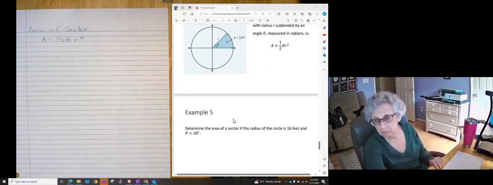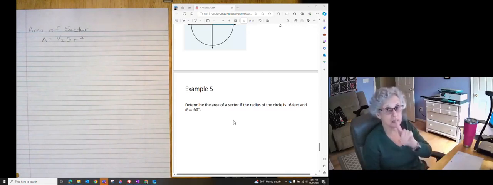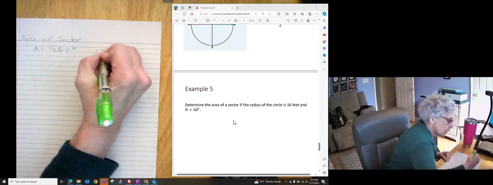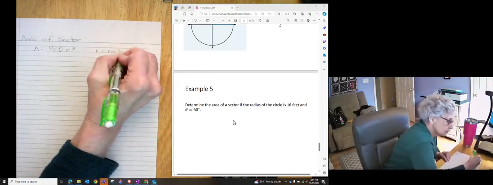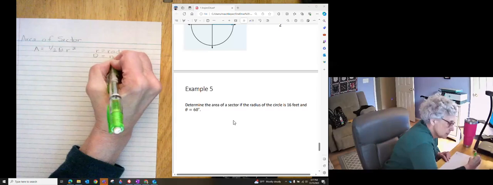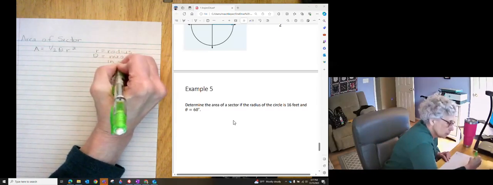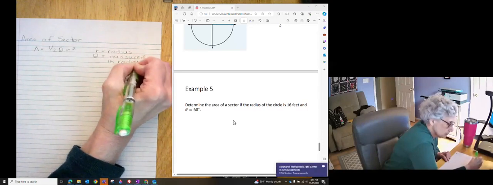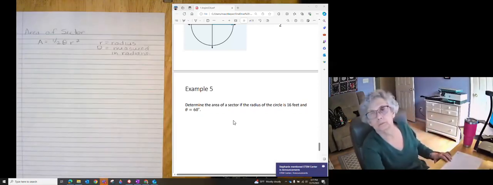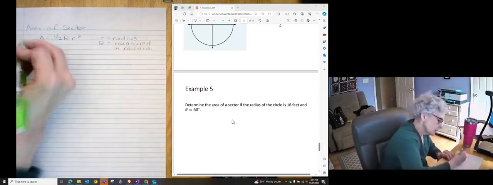Memorize it. So determine the area of a sector if the radius of the circle is 16 feet and theta is 60 degrees. So again, r equals radius, theta measured in radians. So we're going to determine the area of a sector.